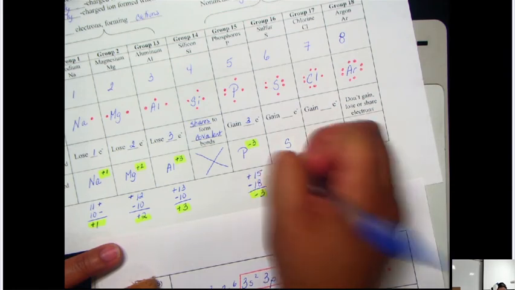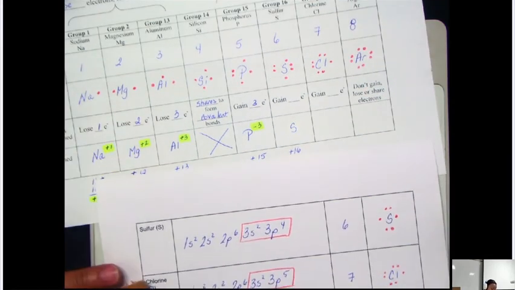All right, so sulfur has an atomic number of 16. That's 16 protons, positive 16, and in the neutral state, it has 16 electrons. All right, but if you're looking at the electron configuration, it has 6 valence electrons.